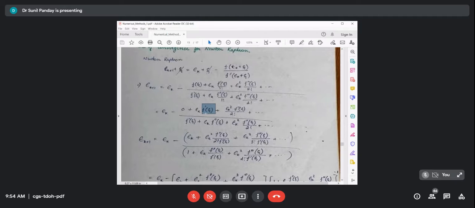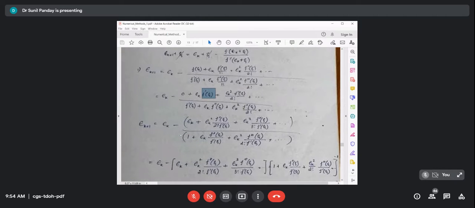And whatever f dash xi is common outside, you cancel out. So we have the remaining term in the numerator as this one, and in the denominator this one.